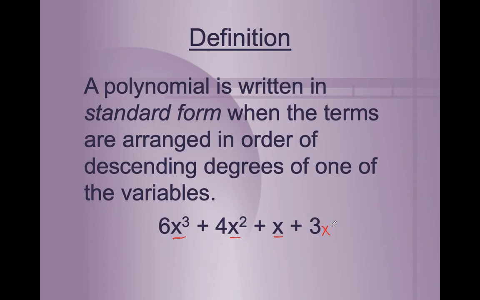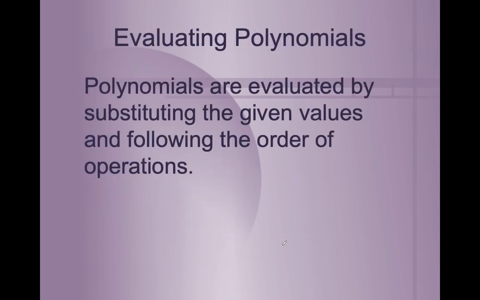There's actually x to the 0 power right there. But what is anything to the 0 power? It's 1. So 3 times 1 would just be 3, so we don't even need to put the x to the 0 power there. So we write it in standard form when we put our variables in descending order. Lots of terminology, so stick with me, okay?